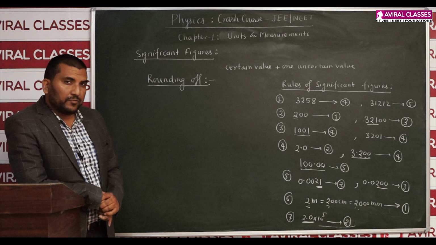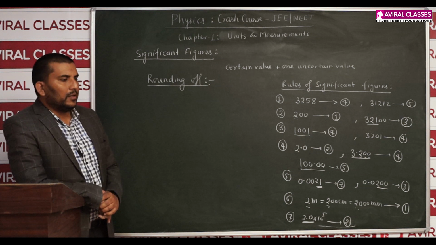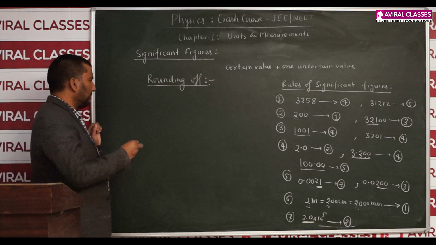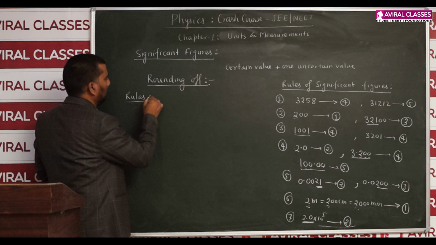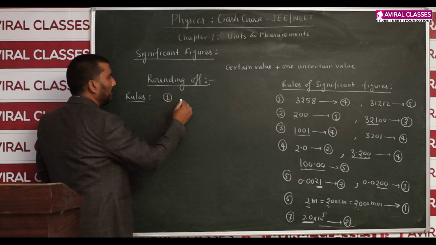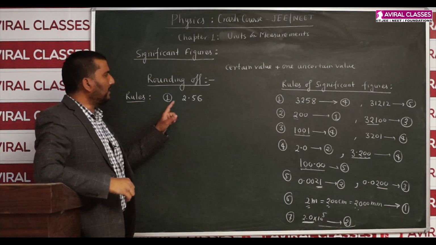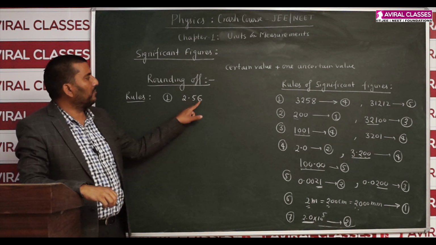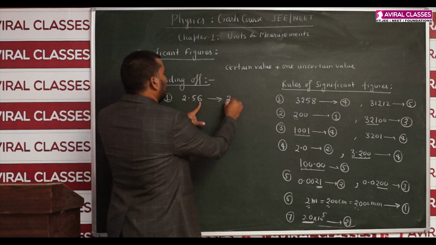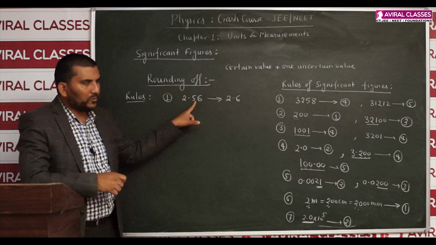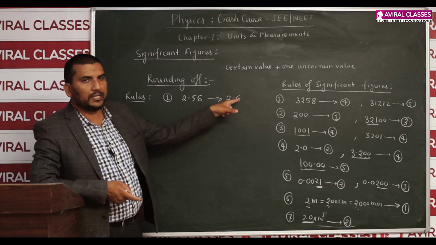But there are certain rules in physics for how to remove unwanted digits. This rule starts with 5. Suppose rule 1: if the last digit which has to be removed is more than 5, that is 6 or more, then the preceding digit will be raised by 1.